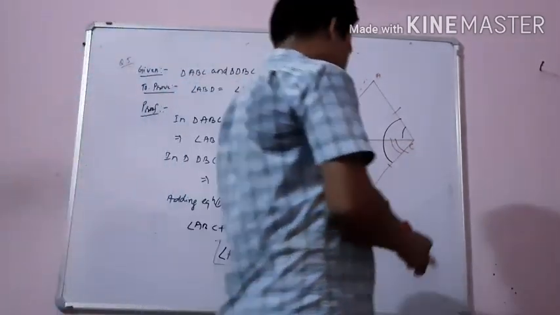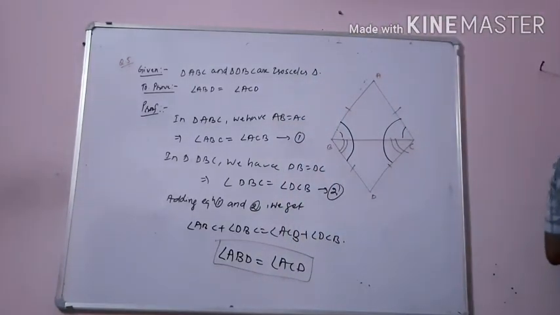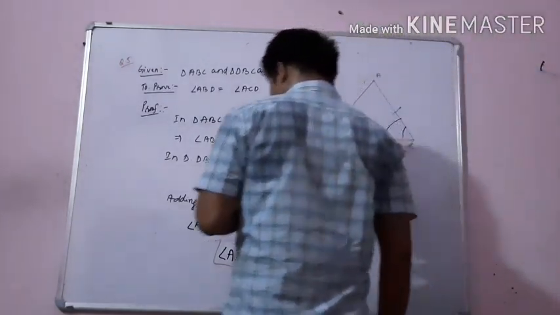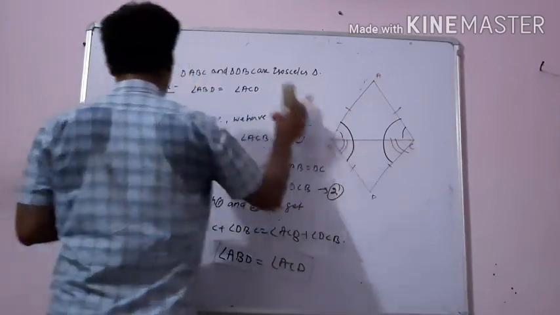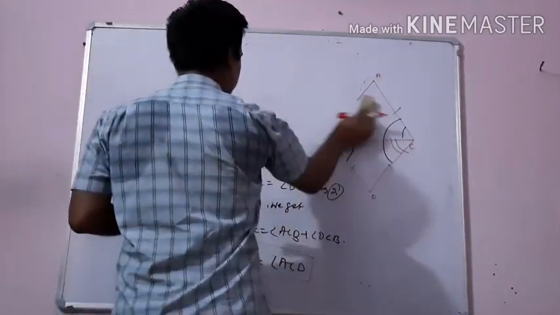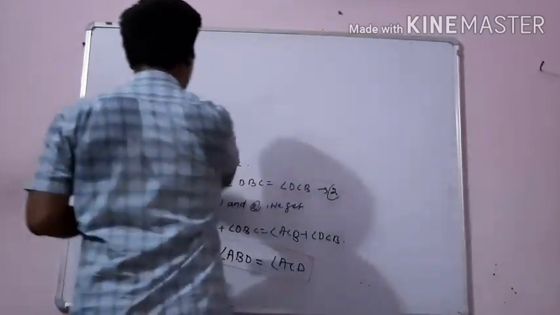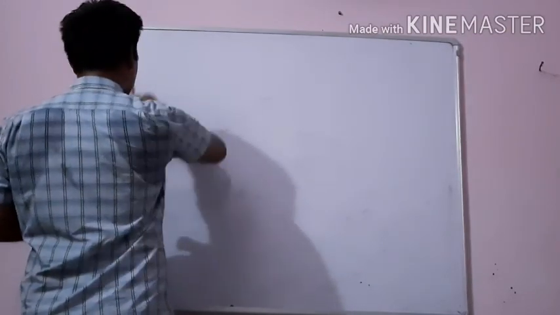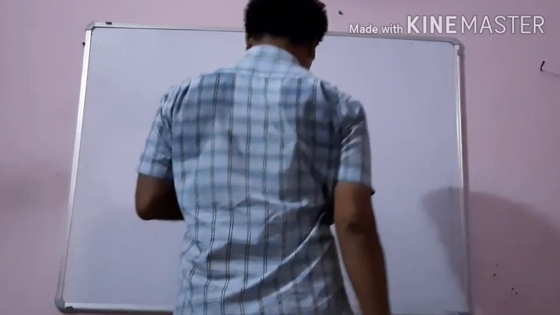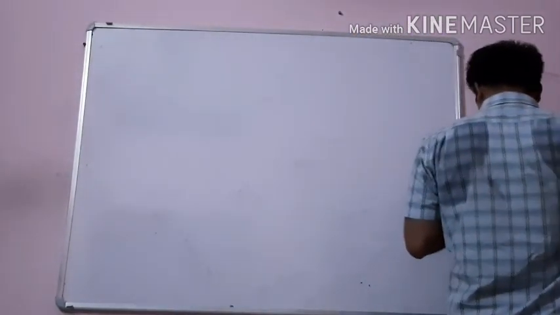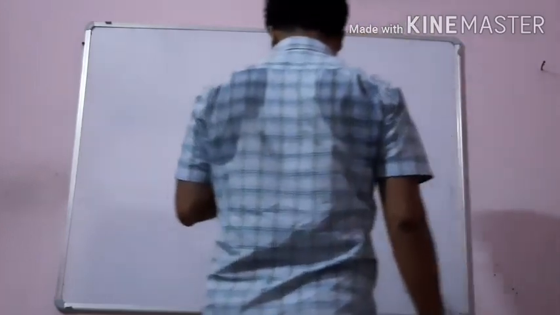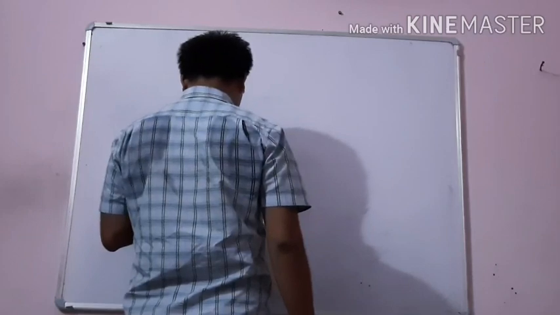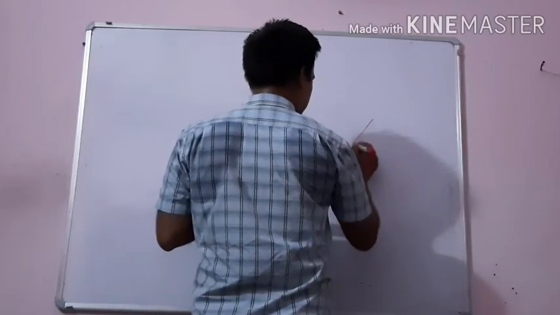Now we will move on to question number 6. What is question number 6? You see it. Question number 6: ABC is an isosceles triangle in which AB equals AC.